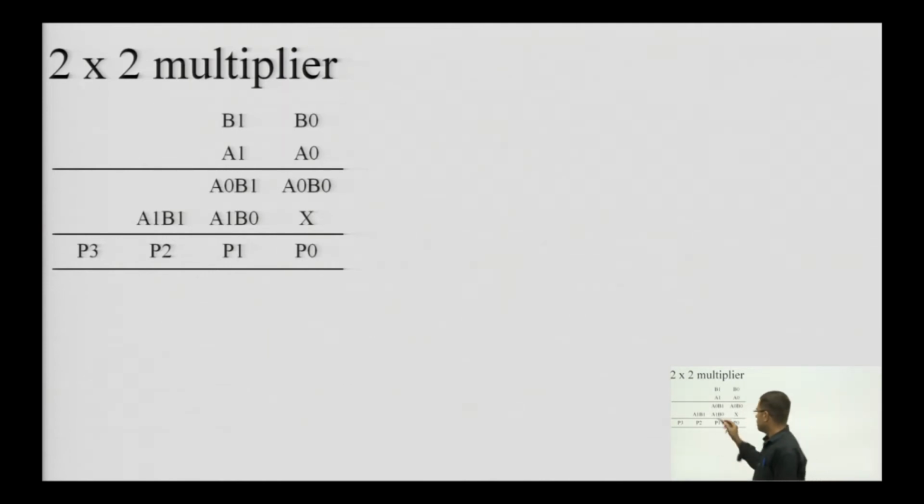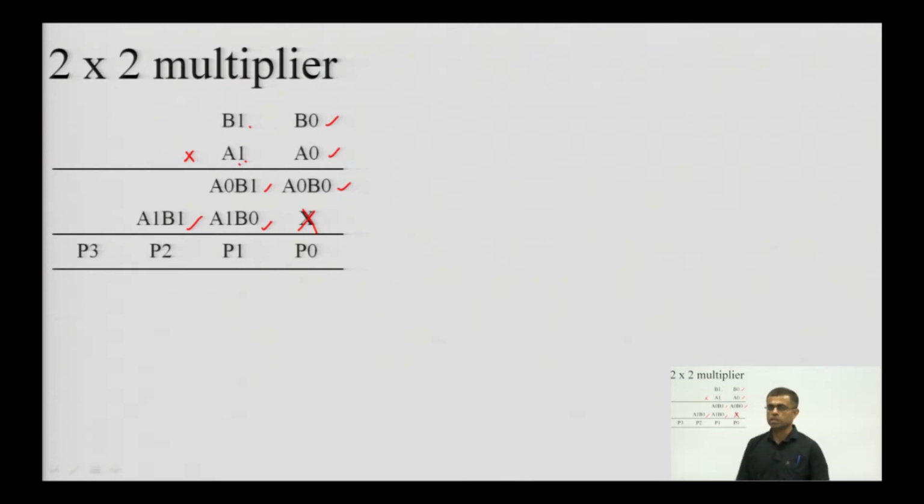If these are to be multiplied, first a naught will be multiplied by b naught to generate a naught b naught. Then a naught will be multiplied by b 1 to generate a naught b 1. Then we put a cross here, and a 1 will be multiplied by b naught, so a 1 b naught, then a 1 with b 1, so a 1 b 1. So, this is the product generation.